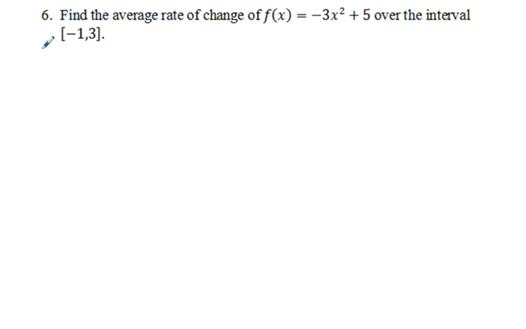Okay, let's go to problem 6. Find the average rate of change of f of x equals negative 3x squared plus 5 over the interval from negative 1 to 3. Now, the average rate of change, which we affectionately have called AROC, an acronym for average rate of change, is going to be f of b minus f of a over b minus a.